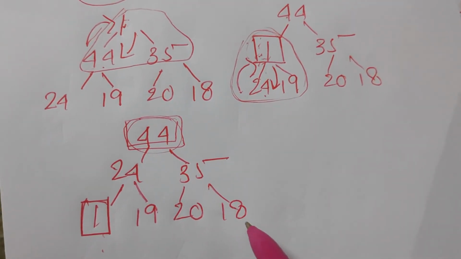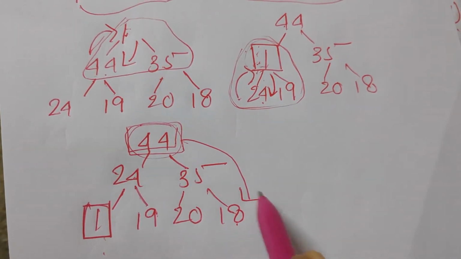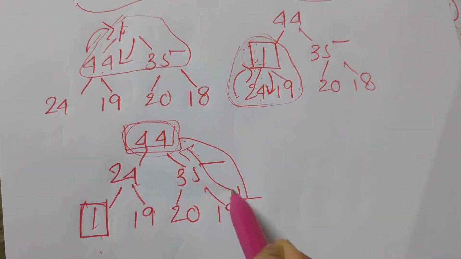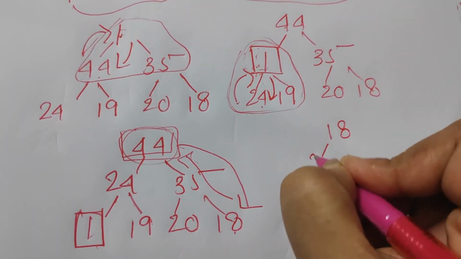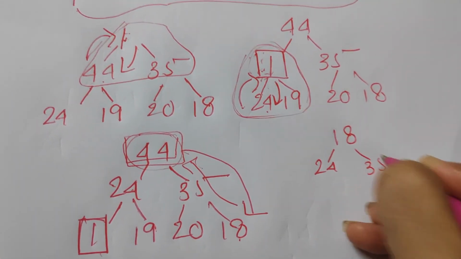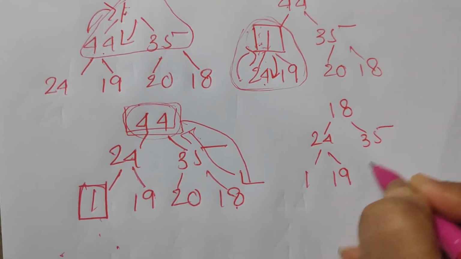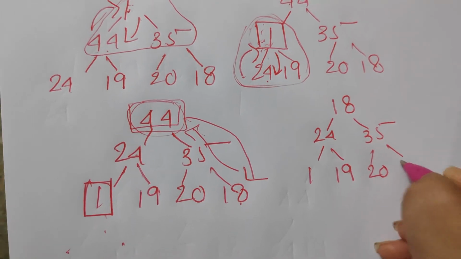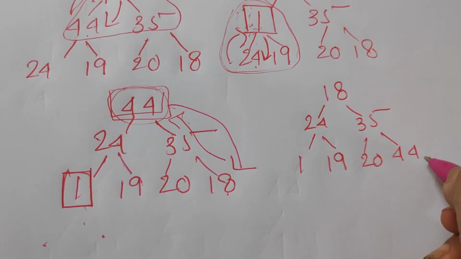Now which is the last leaf? 18. So 44 would be replacing 18. So 18 will become the root, 24 and 35 would become its children, 1 and 19, 20 and 44. 44 would become the right child of 35.